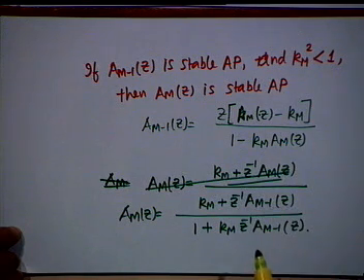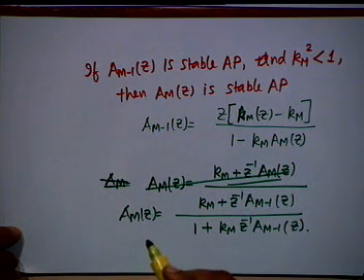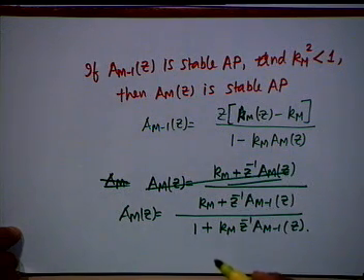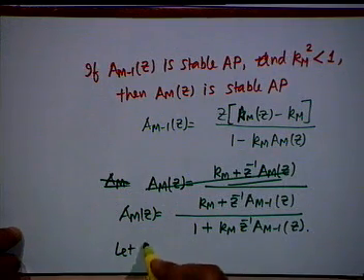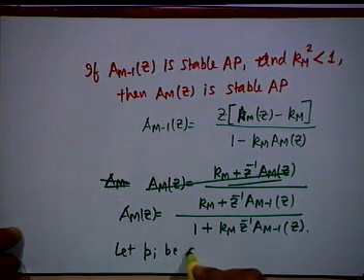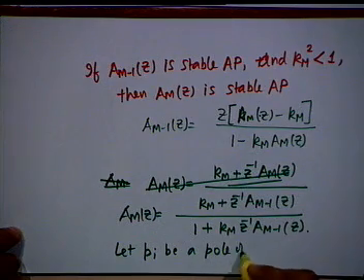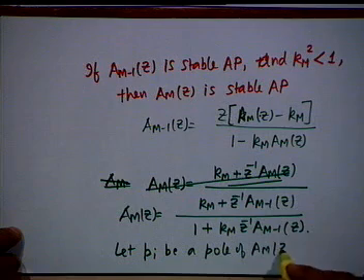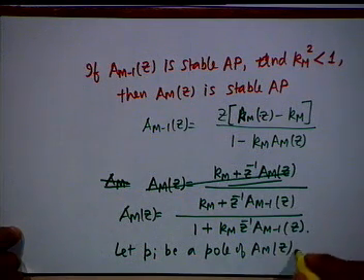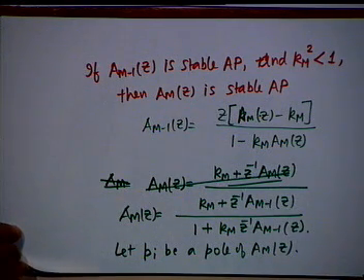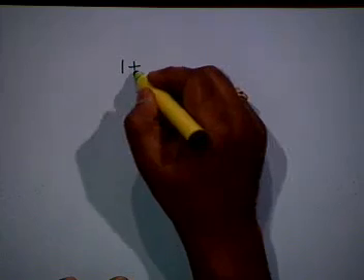Agreed? What did we assume? Did we assume the poles of AM? Did we put a symbol? No. Let P sub I be a pole of AMZ. How many? Capital M number.